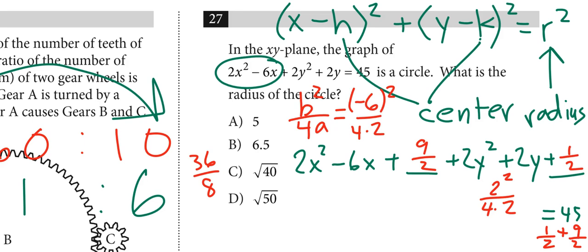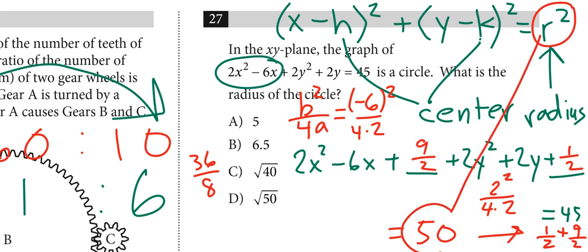And 5 plus 45 makes the other side equal to 50, right? That's what this is. Now, I don't need to worry about the rest of that because they're not asking me about the center. What are they asking me about? The radius. And how do I take this equal to this and find the radius? I take the square root. That's really what we were getting at here, okay?